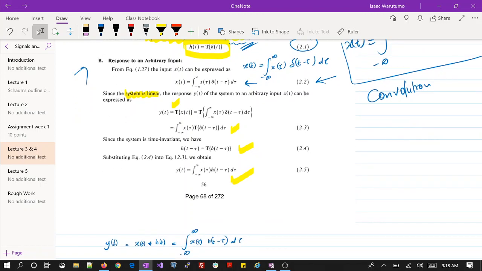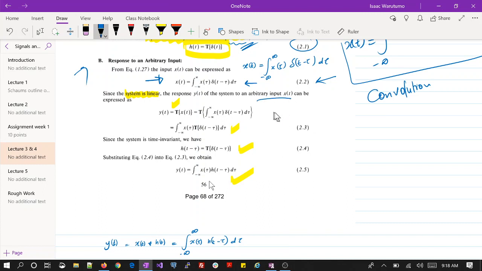Now, since the system is linear, and we have described this as our input signal, we want to describe the response of the system y of t given the arbitrary signal x of t.